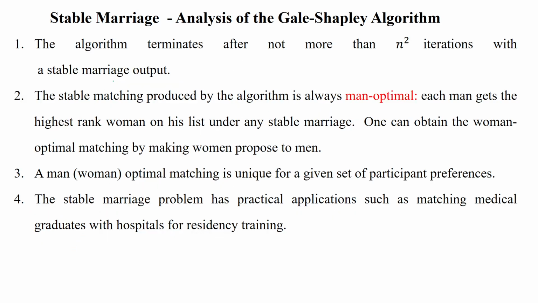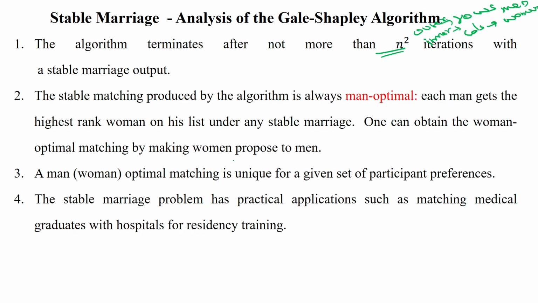Based upon this, we can check the time complexity based upon the two for loops. One is for rows for men, then columns for the women, right? So we will use two for loops, an outer for loop and an inner for loop. So we will get n square number of iterations.